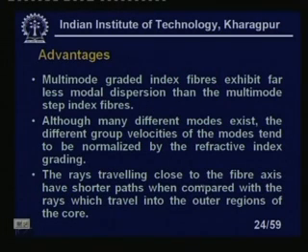The rays traveling close to the fiber axis have shorter paths compared with the rays traveling in the outer regions of the core. This path is shorter, but the speed is lower. So, ultimately they reach at the same time, so the modal dispersion is not there, right.